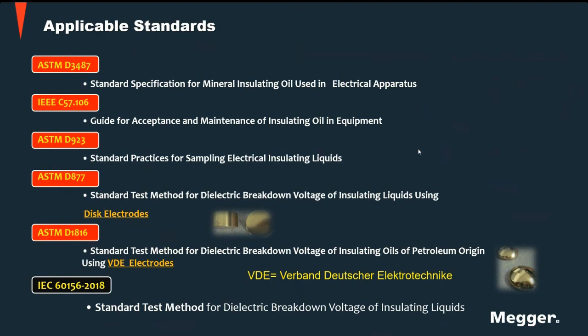And there are three popular standards now being used to test the electric breakdown voltage. That is the ASTM D877, wherein it uses this electrode here. We have the D1816, which uses the VDE electrode or the mushroom type electrode here. And we do have the IEC 60156:2018.